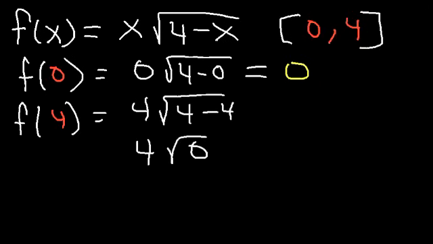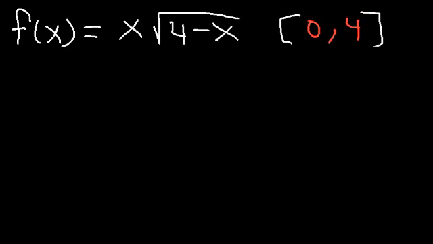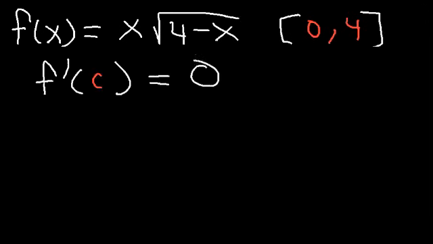The square root of 0 is 0. So the whole thing is 0. Therefore, f of a equals f of b. So if it's differentiable on the open interval, then there's some value c where the derivative is equal to 0, meaning the function has a horizontal tangent line at c.